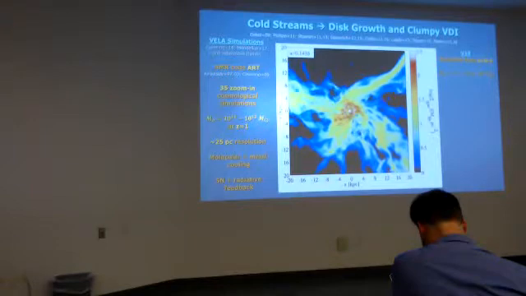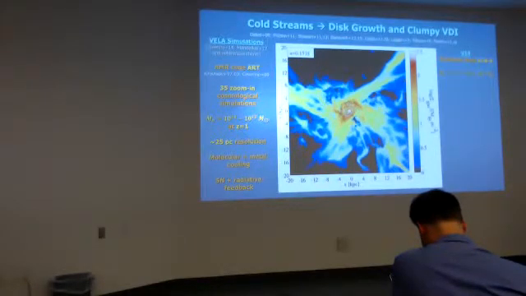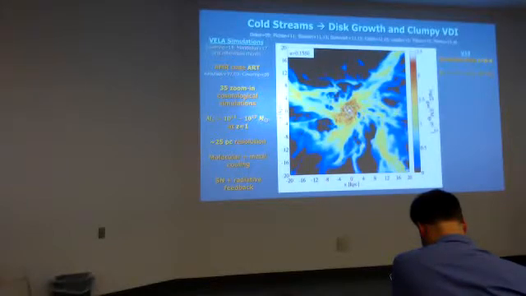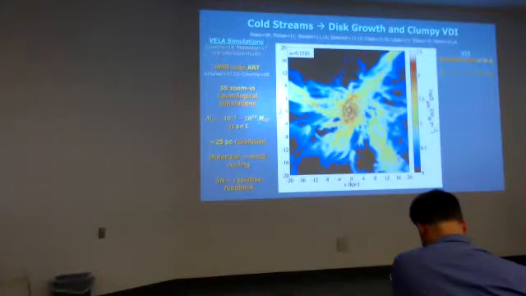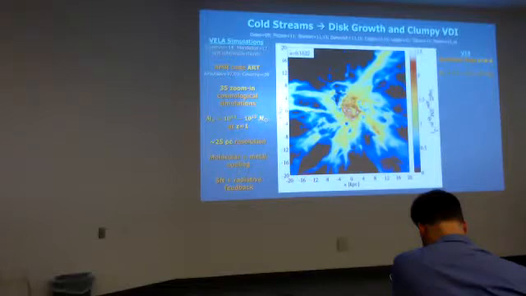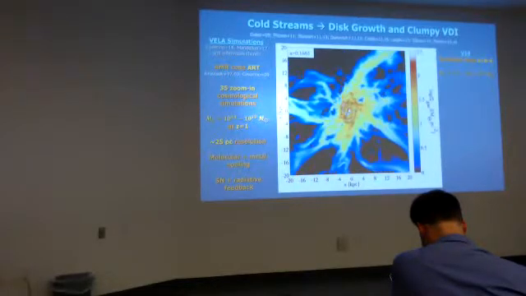And so you can see the growth of the disk size and the disk angular momentum as it gets spun up by these streams. And you can see the very clumpy structure which forms on the outside where the streams hit the disk, and then the clumps begin to migrate and spiral in toward the center of the galaxy.